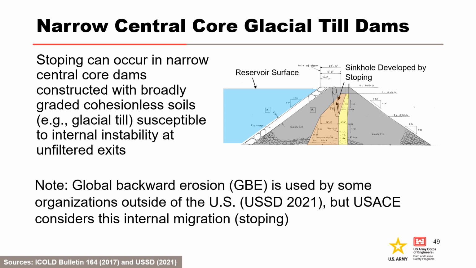Voids develop at the interface with the unfiltered exit that grow or stope upward and backward subvertically as erosion continues. Global backward erosion, GBE, is used by some organizations outside of the US, but the Corps considers this process to be internal migration.